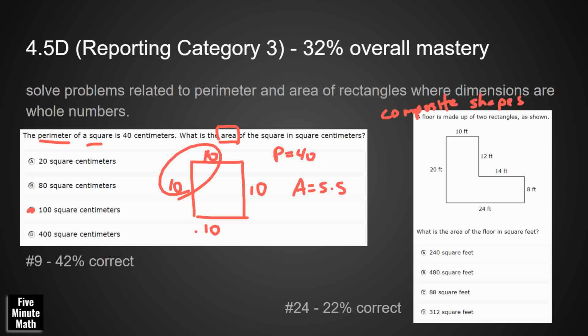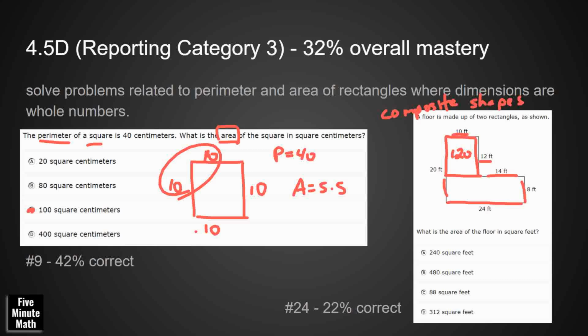So we just need to break this up into two, possibly even three rectangles, right? There are multiple ways to do it, and one way would be to make this a rectangle. So this is going to be a 10 by 12, right? That's 120. Then this longer one is going to be 24 by 8.